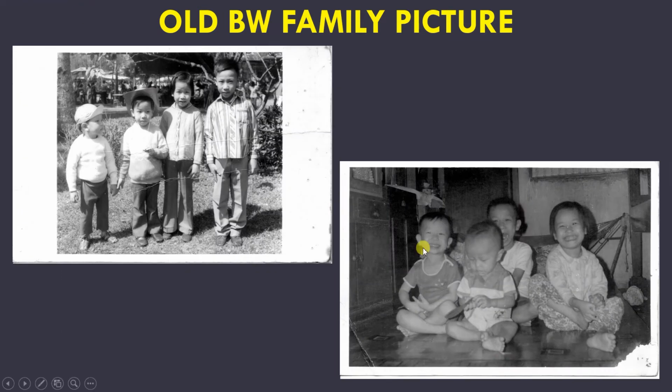And also this one here. The top picture here is quite difficult to color because you've got lots of people in the background. You've got plants and some trees. But if you like the challenge, it's fine for me. The bottom picture here is also a very good example of an old black and white family picture.